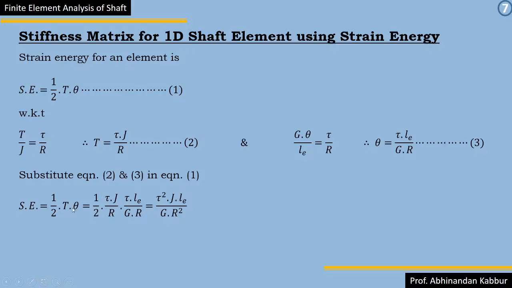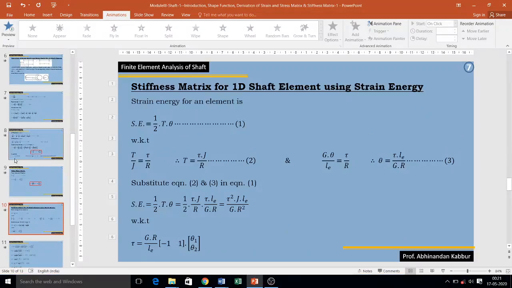Similarly theta is nothing but tau into Le divided by G into R, so that is what I have substituted here. After simplification, here it is tau into tau, that is tau square, J into Le as it is, and 1 by 2 is left out, with G into R square. So that is the equation I am going to get.